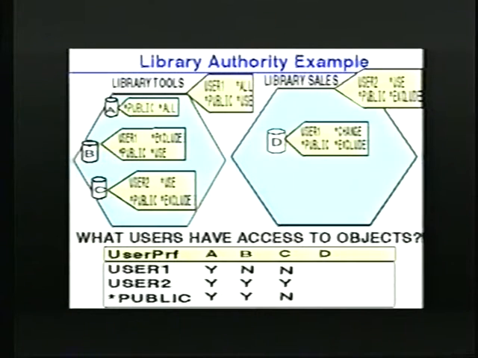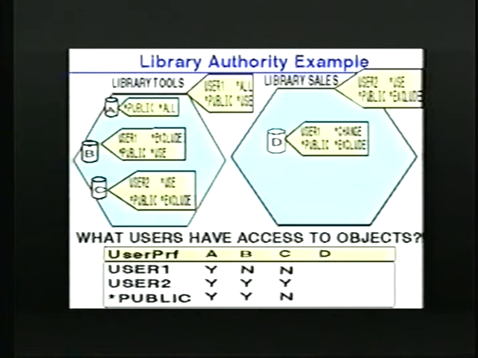For library sales, user 2 has use access, the public is exclude, and for object D, user 1 has change access to the object, and the public is excluded. Let's ask the question, who has access to object D?